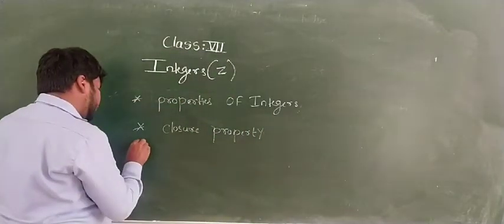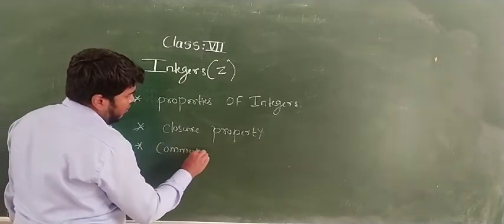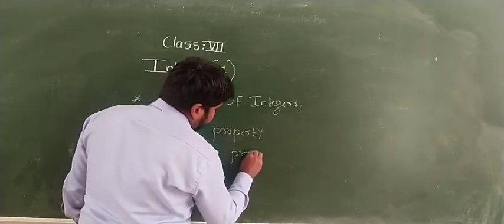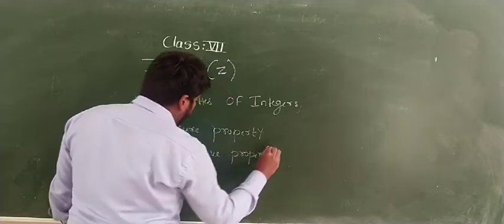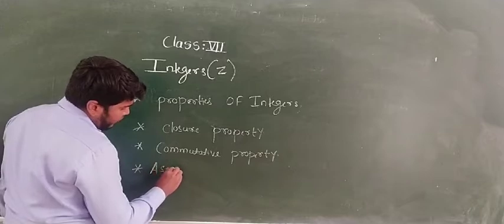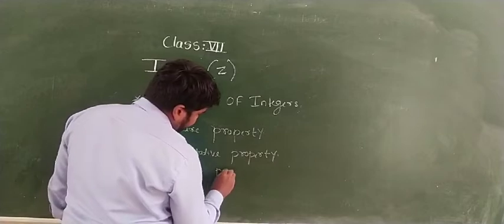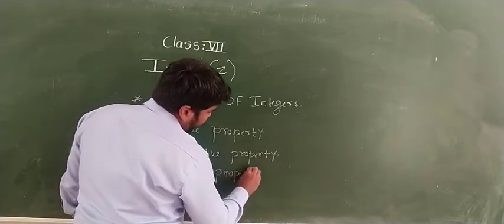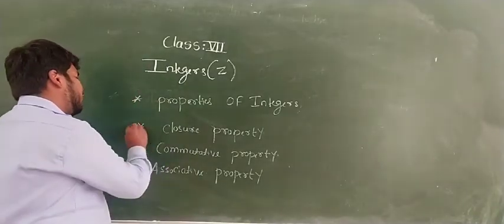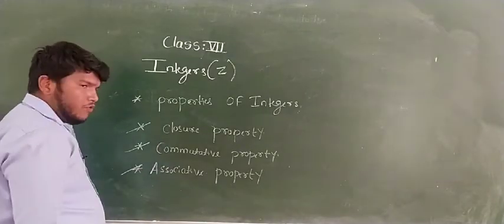Second property is the commutative property. Third property is the associative property. So these three properties you are going to study in the properties of integers: closure, commutative, and associative.